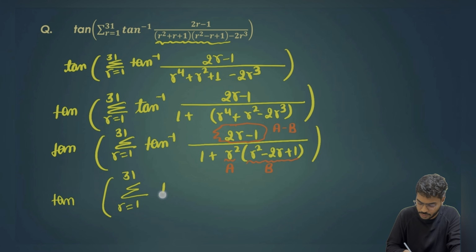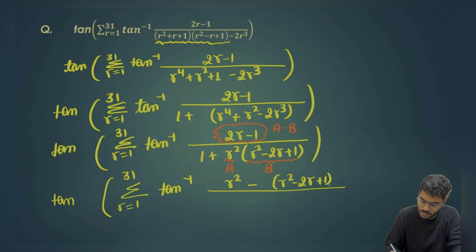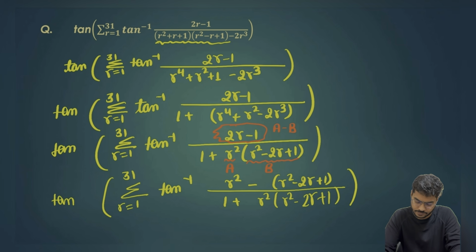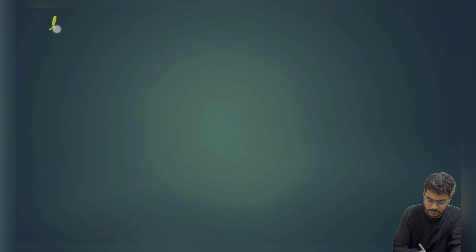Can I write the numerator as r square minus 2r plus 1 upon 1 plus r square minus 2r plus 1? Again, it is nothing but the formula. Which formula?